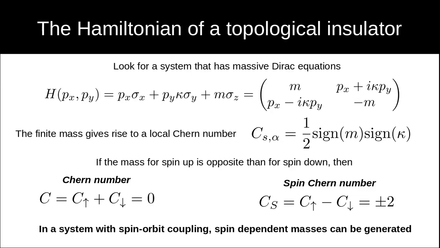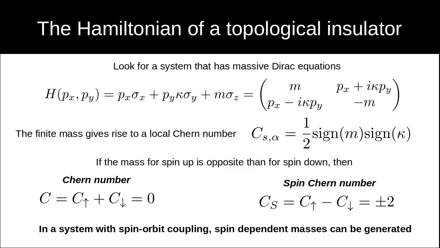And for this, we can just go back to the model that we used for a Chern insulator and just make two copies, one for spin up, one for spin down. So we write down again our model that was a Dirac equation with a gap. As before, the Chern number for one spin species and one valley is 1/2 the sign of the mass times the sign that we have in front of k_y.